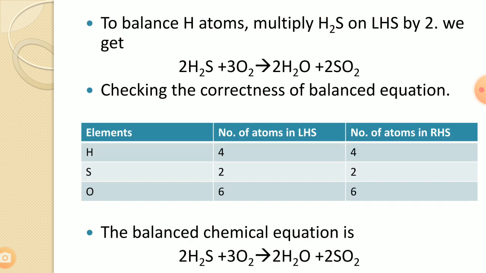Now to balance hydrogen atoms, we multiply H2S on left hand side by 2 and we get this equation. And we check the correctness of equation and we found that on both the sides these atoms are equal. So the balanced chemical equation is given below.